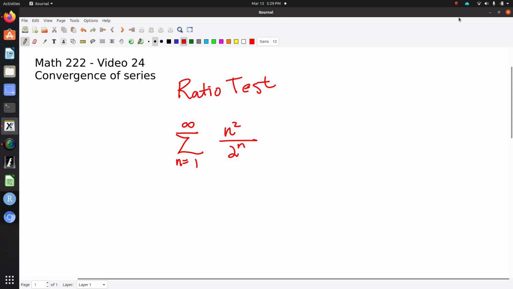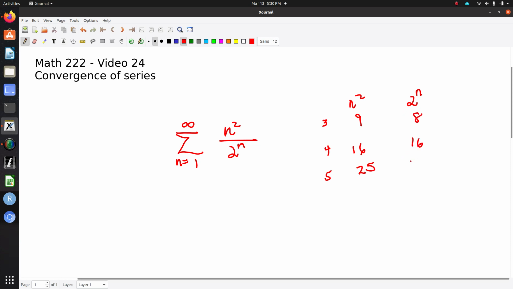So first of all, let me just compare n squared. I'll talk about the ratio test in just a second. I want to compare n squared versus 2 to the n for just a second, and motivate this for the numbers 3, 4, and 5, so we can get a feel for what's going on. So 9, 16, 25 is how n squared is going to progress, whereas 8, 16, 32 is how this other guy's going to progress.